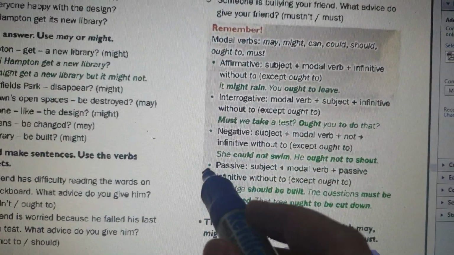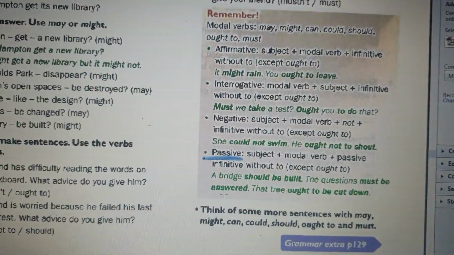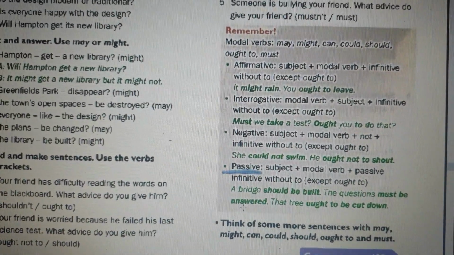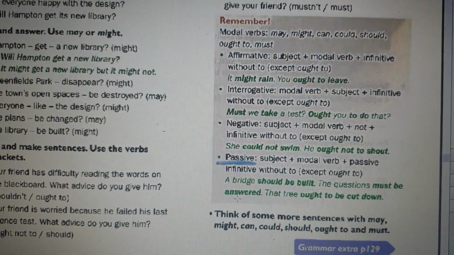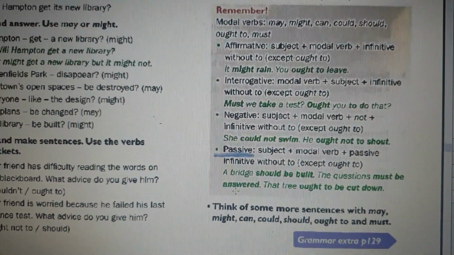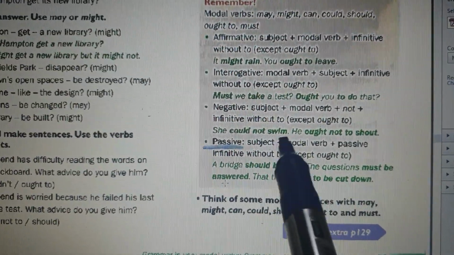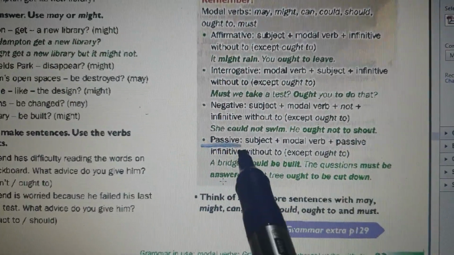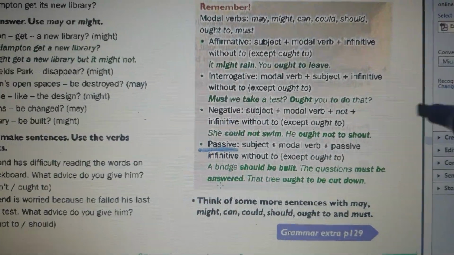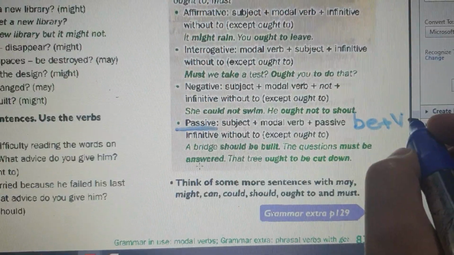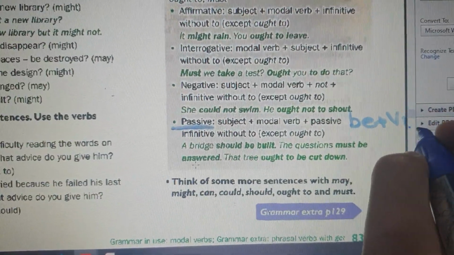If you remember the passive, if we don't know who is the subject, or we don't want to mention the subject, we are focusing on the object. The sentence would be like subject, modal verb, passive infinitive. Passive infinitive means be plus verb 2.